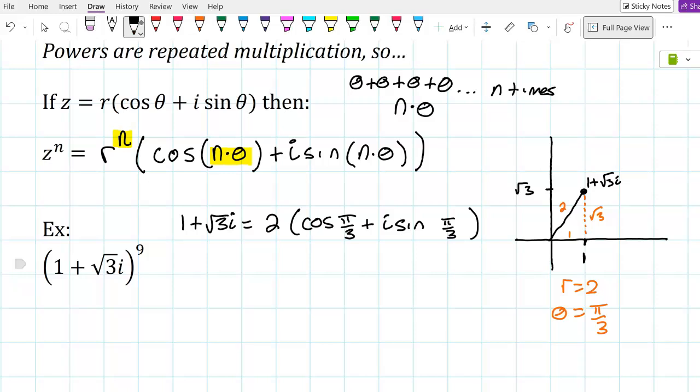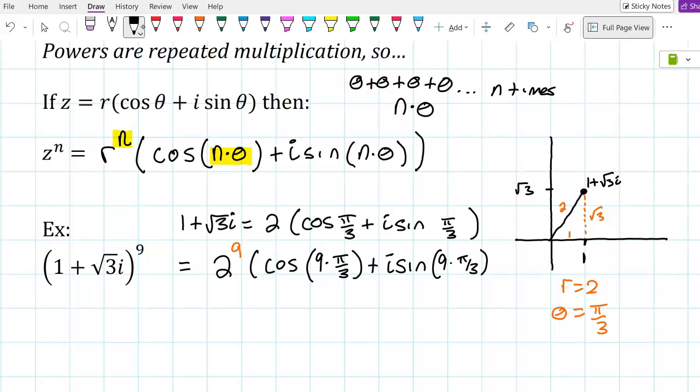Okay, so then let's follow our formula. 1 plus root 3i to the 9th should be 2 to the 9th times cosine, here I'll do parentheses, of 9 times pi over 3, plus i sine 9 times pi over 3.